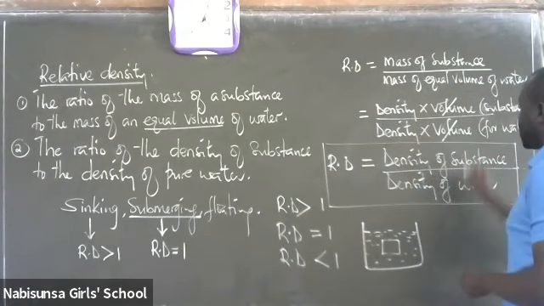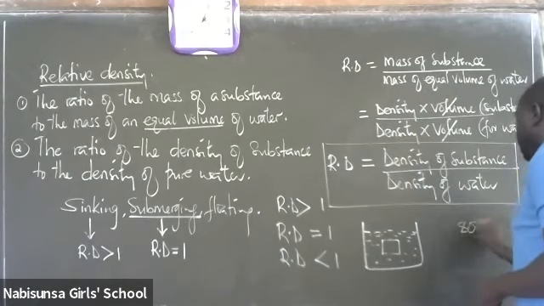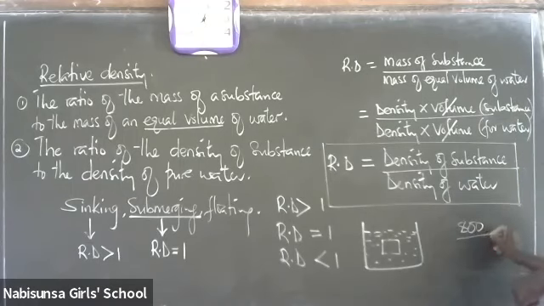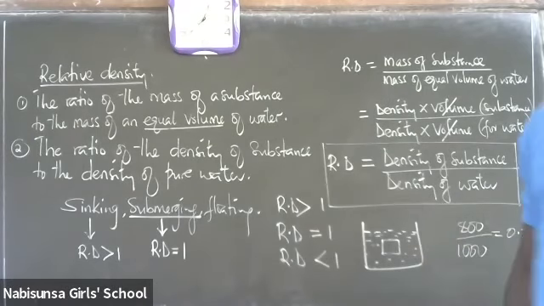Supposing the density of the substance is 800, and yet the density of water is 1,000. See that the density of the substance is less than that of water. Automatically, the answer here will be less than 1. Now, such a substance will always float on water. Once the density of the substance is less than that of water, the object will always float on water.